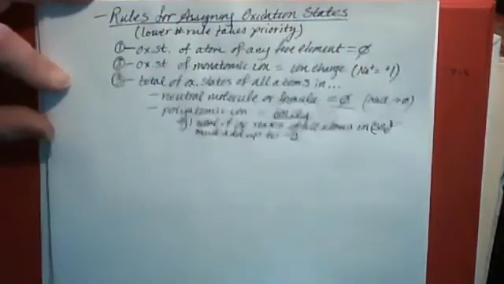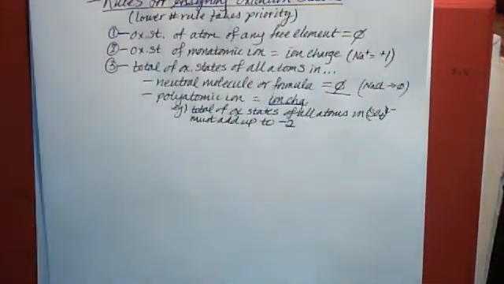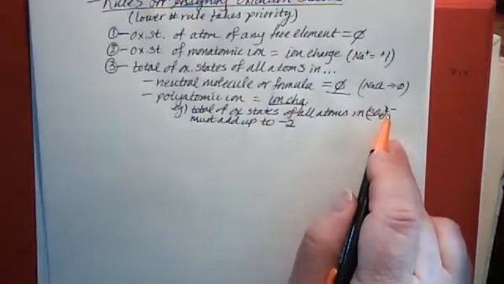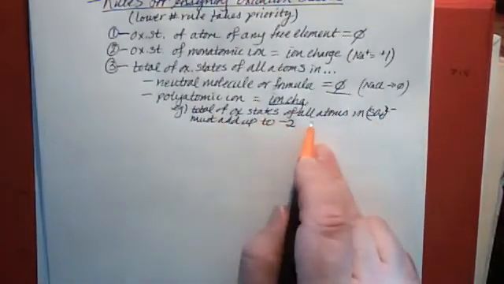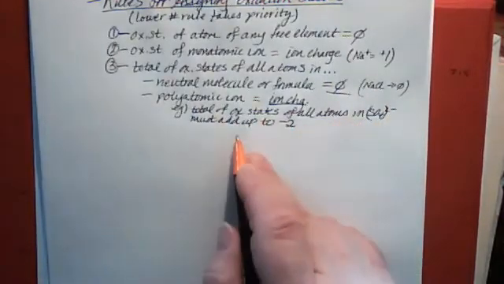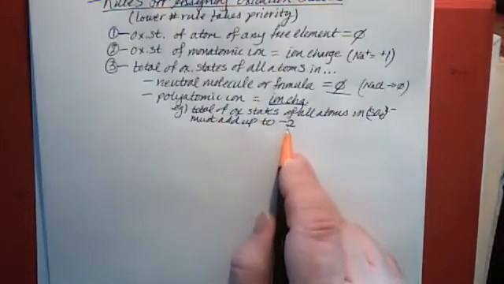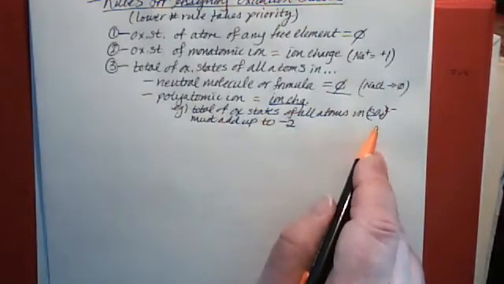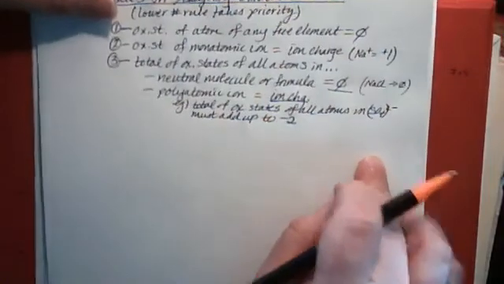And so for an example, if you're talking about the sulfate ion, which has a -2 charge on it, then the total of all of the oxidation states of all of the atoms in that ion must add up to -2. So that makes sense, hopefully.